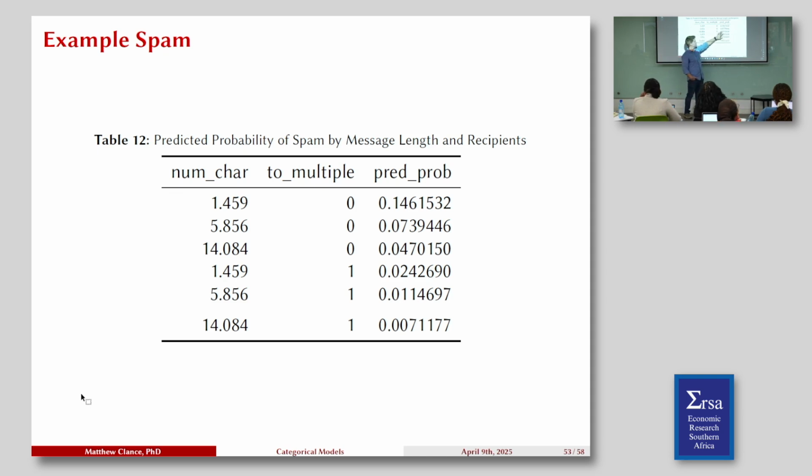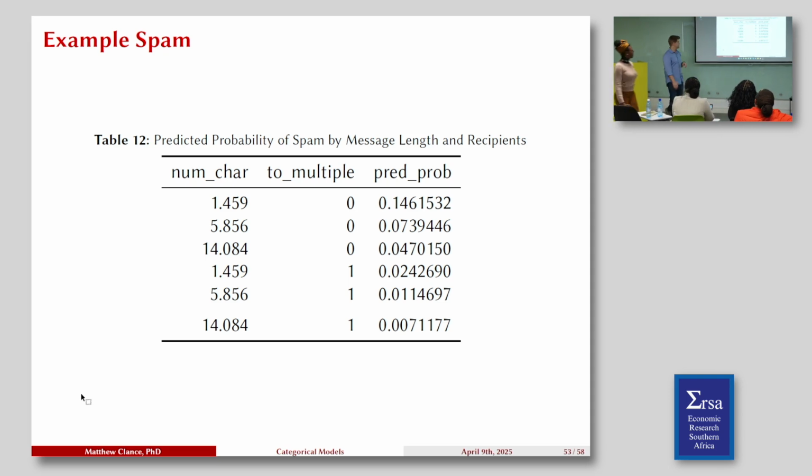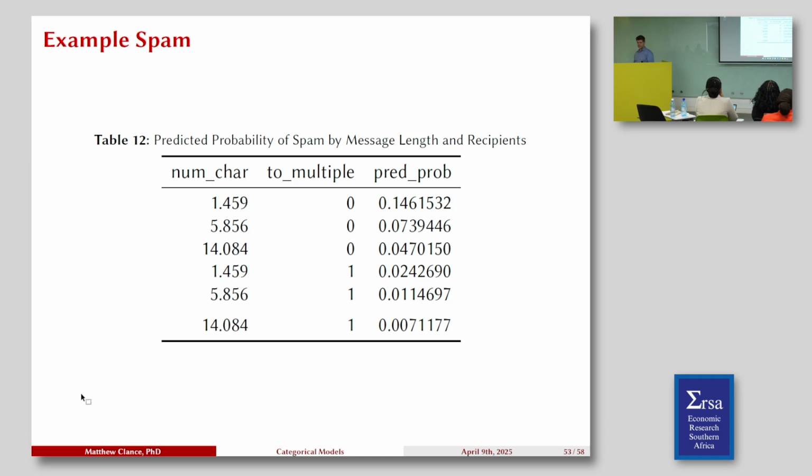That fall is a lot more drastic in terms of these predicted probabilities versus these. But this is, in some ways, still telling in terms of it is falling across. It's just that the fall is not as dramatic as when we do not have multiple recipients.